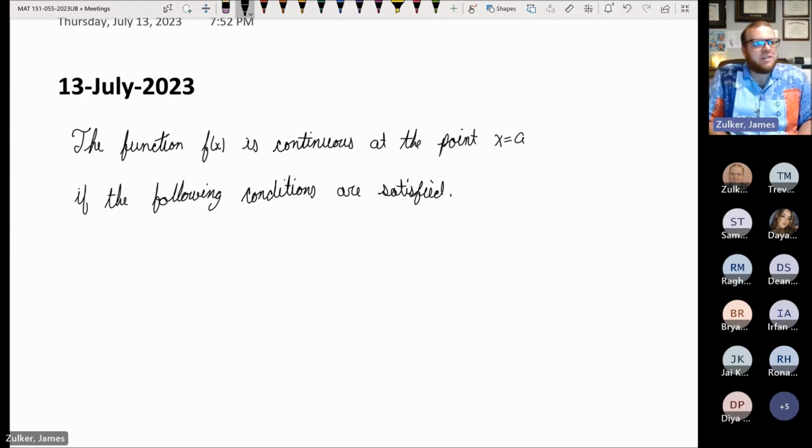So we say that a function f is continuous at a point x equals a if three conditions are satisfied.